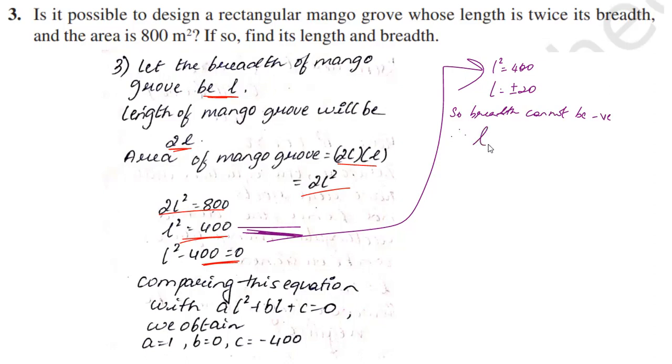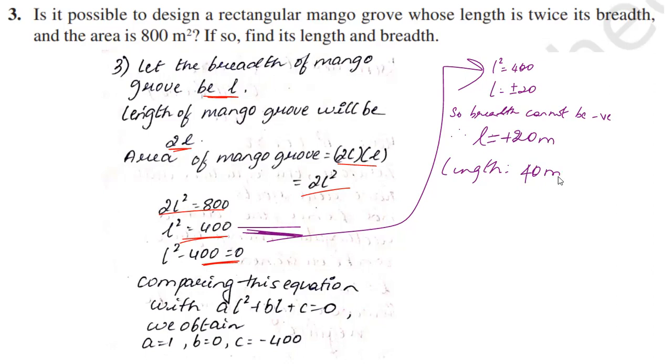Therefore, L is equal to plus 20. So length is equal to 40. They are in meters, 20 meters and 40 meters respectively.